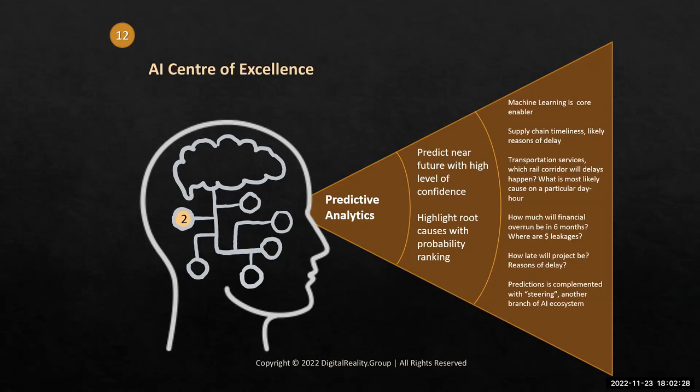What else? For projects, you can predict financial overrun if it's done by a particular project manager with a particular configuration of team. How much will the financial overrun be? Where are the leakages? That's the root cause part. That's predictive analytics. Next slide, please.